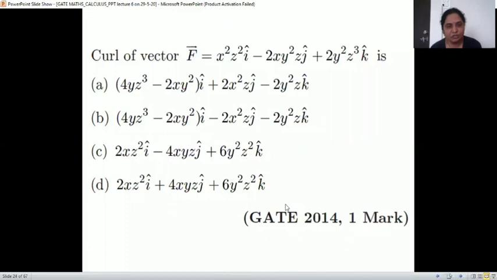First row is ijk, second is dou by dou x, dou by dou y, dou by dou z, and third is f1, f2, f3. Solve. Del cross f bar: ijk, second row dou by dou x, dou by dou y, dou by dou z, and third x square z square, minus 2xy square z, and 2y square z cube.